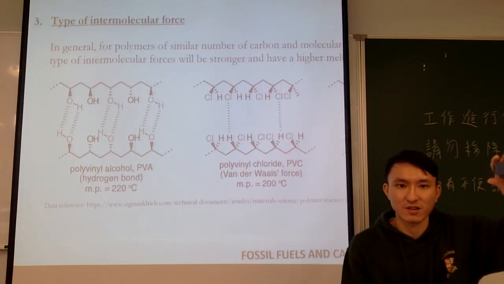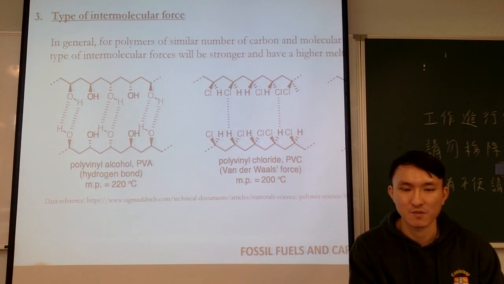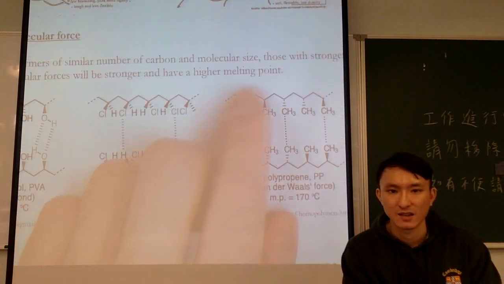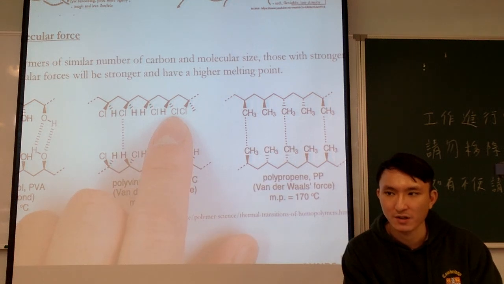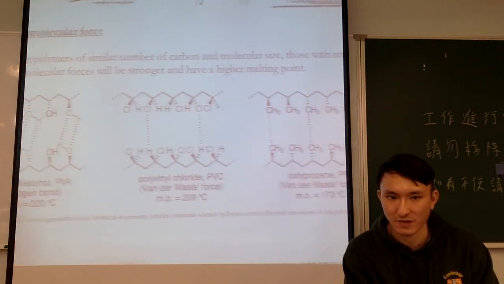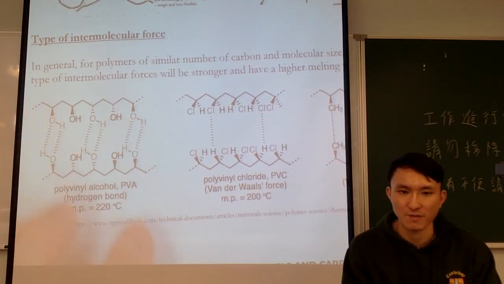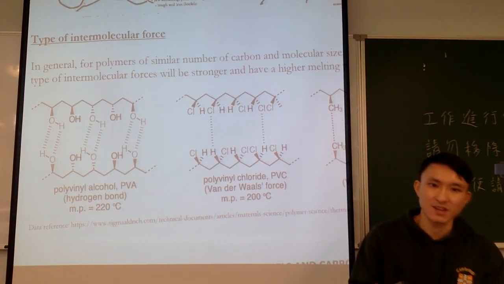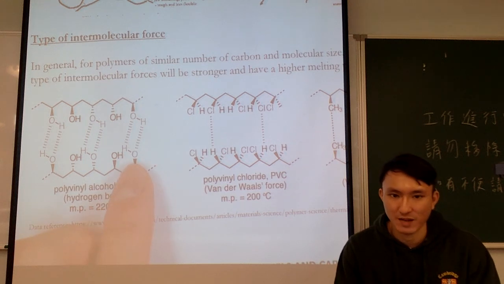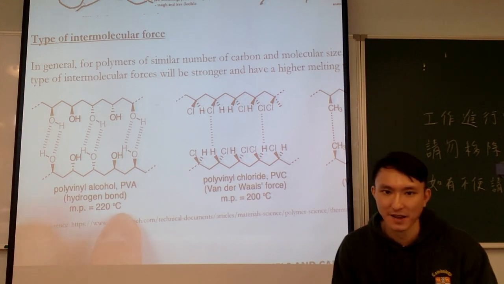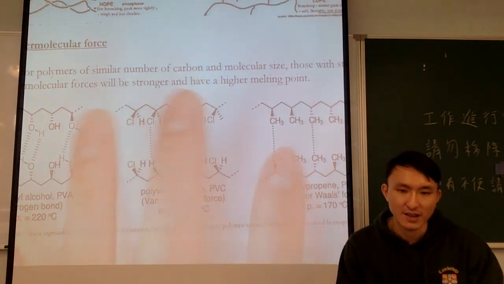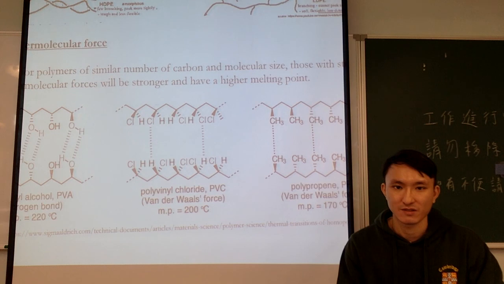It depends on the monomers, whether they have a non-polar side group, an electronegative or polar side group, or even side groups that can form intermolecular hydrogen bonds. Of course, the one that can form hydrogen bonds has the strongest intermolecular forces and therefore the highest melting point. This should not be too difficult, right?